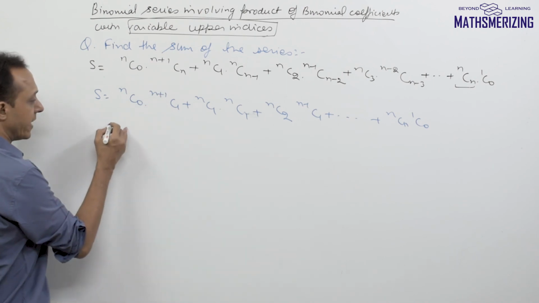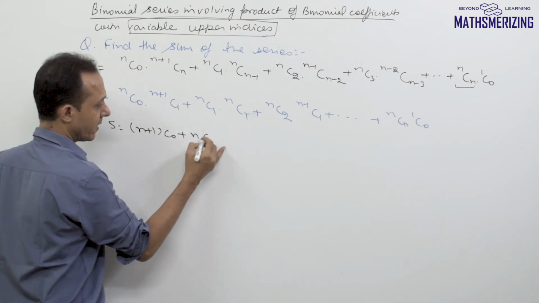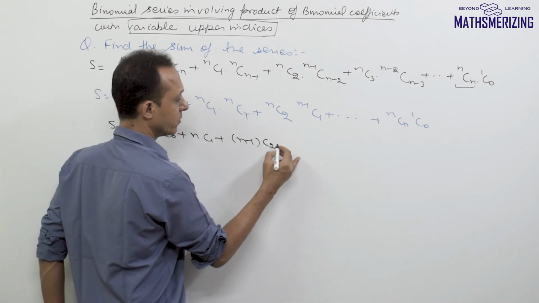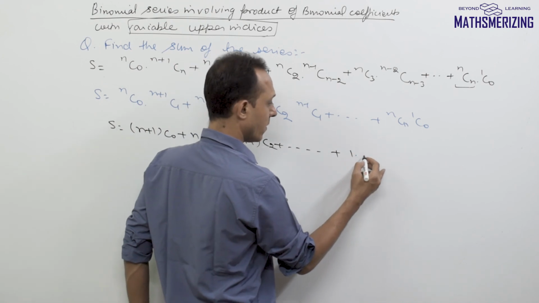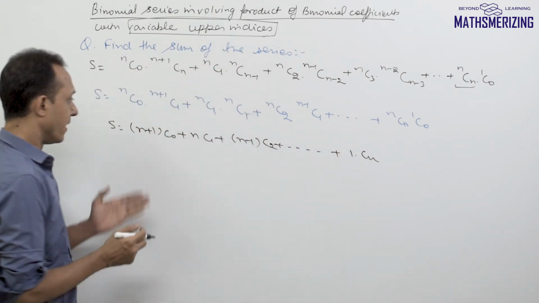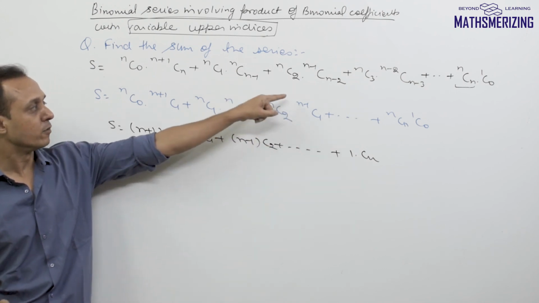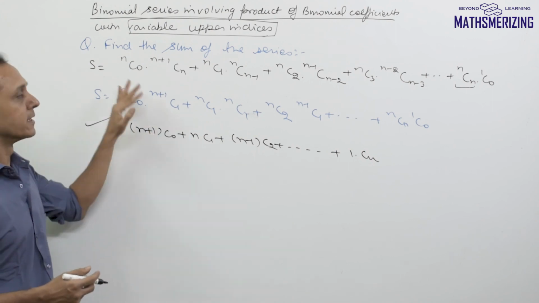So I can actually write it as n plus 1 C0, nC1, n minus 1 C2, and then finally it will be 1 into nCn. And these coefficients are nothing but an arithmetic progression, and that is the reason we have used the reversing technique in this question. So this is another way of solving the same problem.